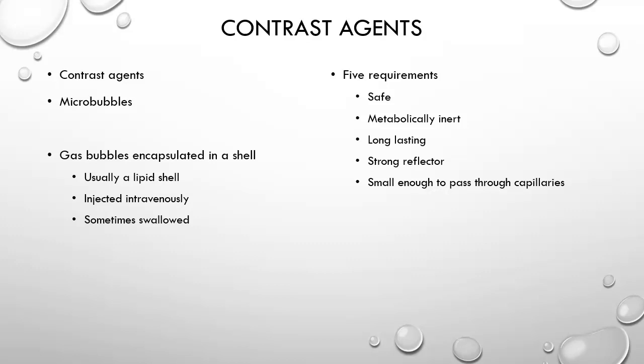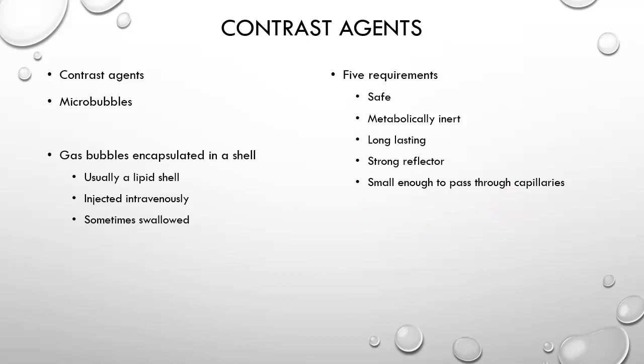Okay, so there's 5 requirements for contrast agents, and number 1 requirement is it has to be safe, needs to be metabolically inert, something that the body doesn't react with, fairly long lasting, be a strong reflector, and if it has gas in it, it's going to be a strong reflector, because as you know, gas is a strong reflector in and of itself, and small enough to pass through the capillaries, which means it has to be the size of a blood cell or smaller.